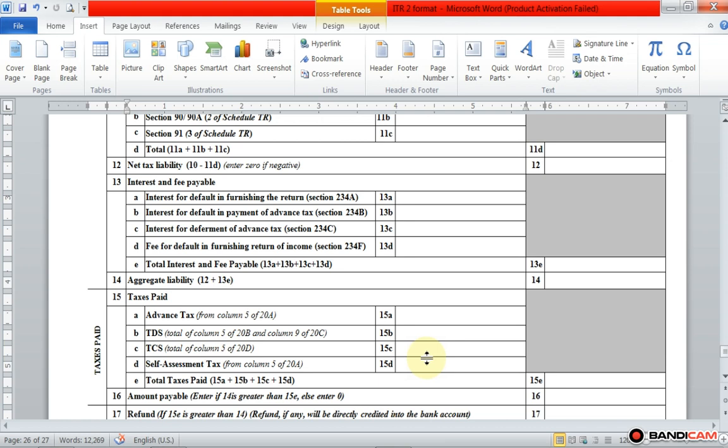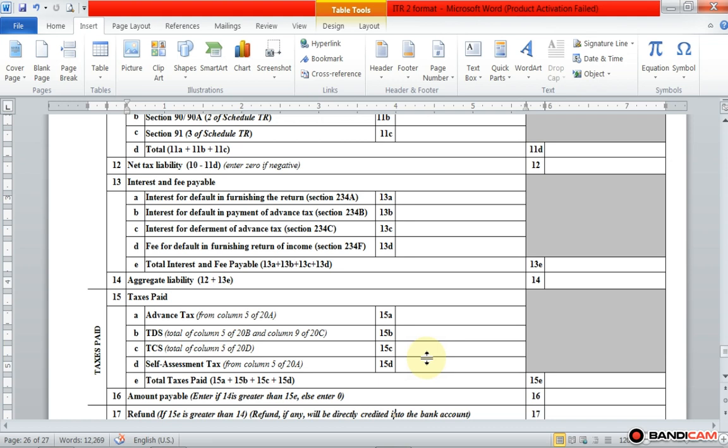So here remember that if the aggregate liability is more than the tax paid by the assessee, then the tax is payable by the assessee.